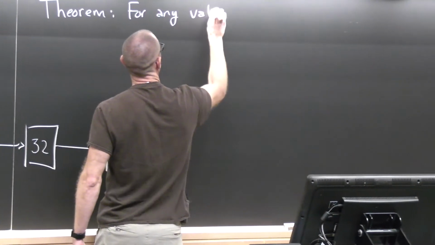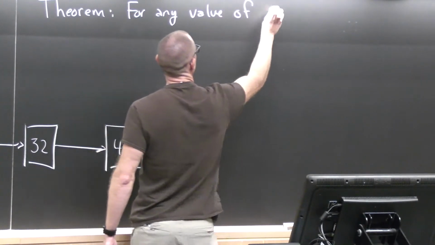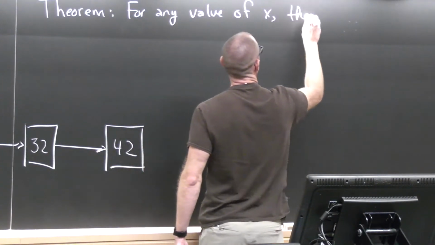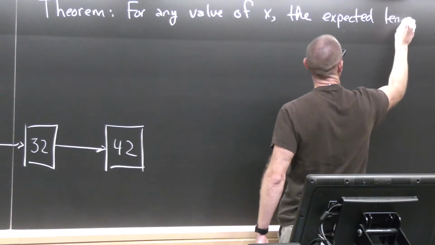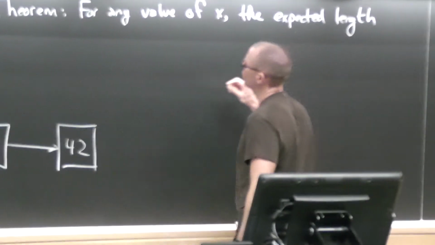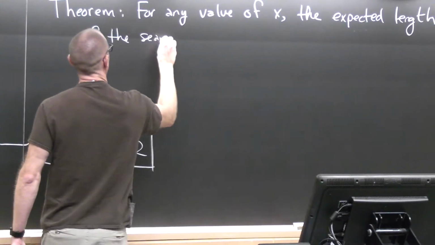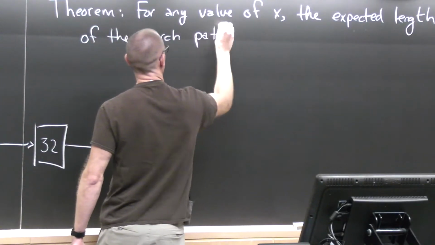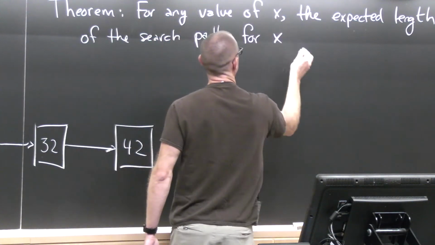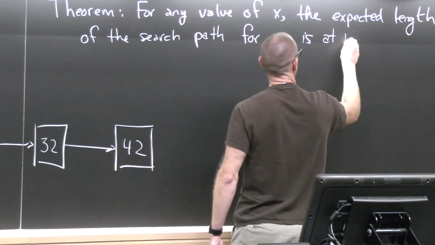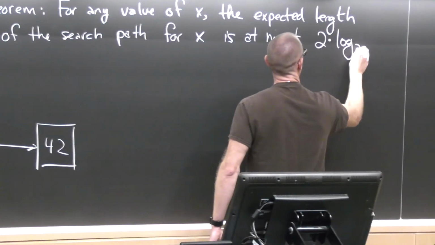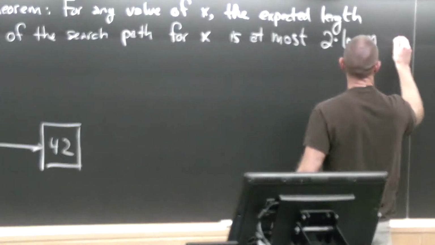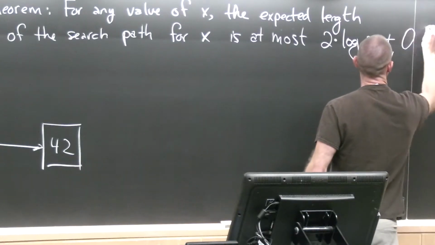For any value of x, the expected length of the search path for x is at most 2 times log base 2 of n plus a constant.